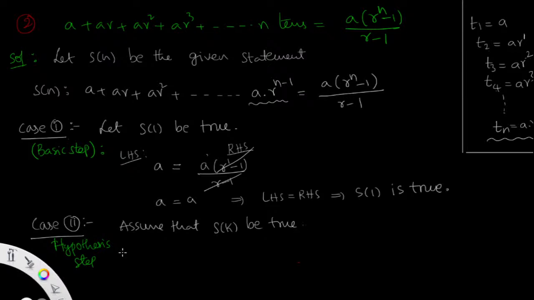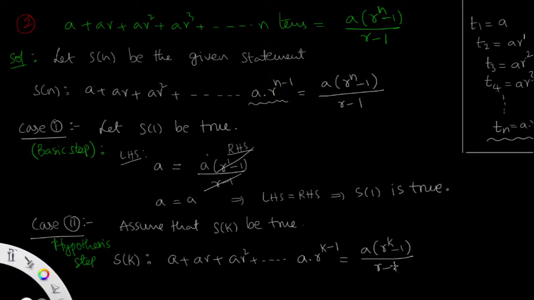So in terms of n, you can substitute by k, that is a plus ar square, and so on, up to a into r power k minus 1, equal to a into r power k minus 1 by r minus 1. Whatever step you have to write, in the place of n you write k. Assume that S of k be true, that is the hypothesis step.